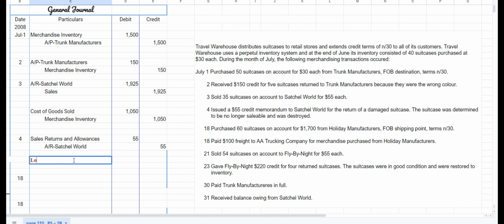So the debit account is going to be loss. This is a special one, so that's why my teacher made it red. Loss on damaged goods. I think loss from damaged goods.